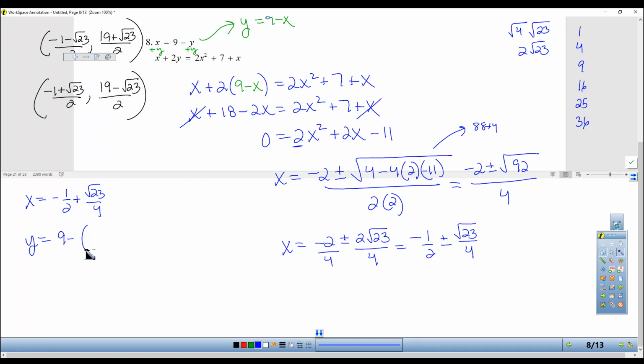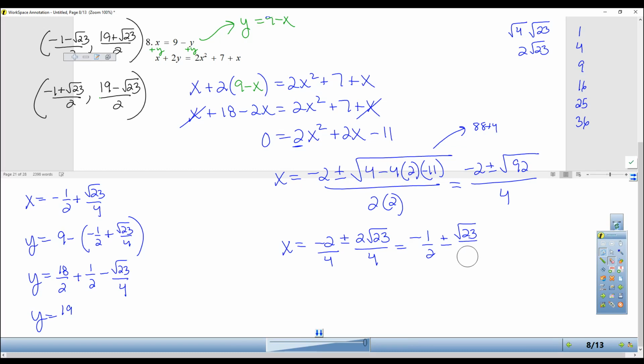So 9 minus negative 1/2 plus the square root of 23 over 4. It's really not as bad as it looks because you can change that 9 to 18 halves. Now it becomes plus 1/2, and that becomes minus the square root of 23 over 4, which becomes 19 over 2 minus the square root of 23 over 4. We reduced it. Let's fix that.